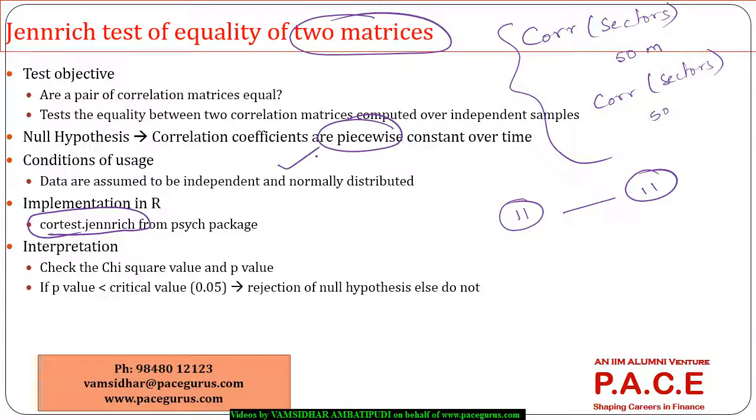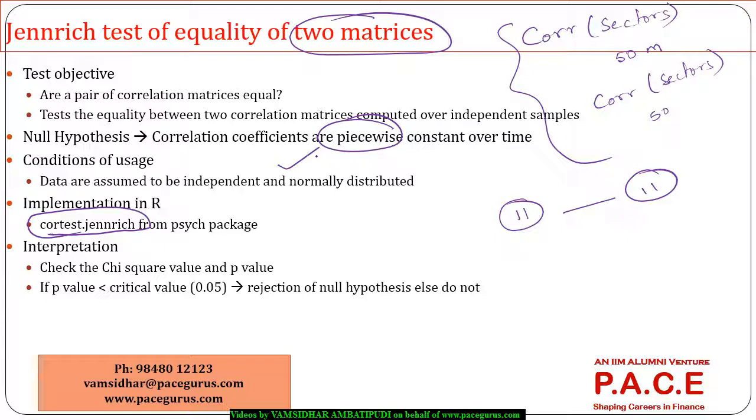If I take all of them into consideration, the correlation is not that significantly varied before 2011 versus from 2011 onwards between these sectors. Right? So that is what is being provided by the Genrich test of equality of the two matrices.